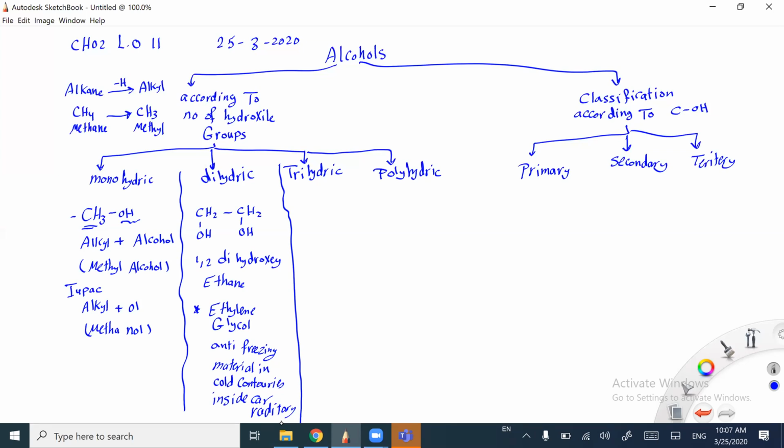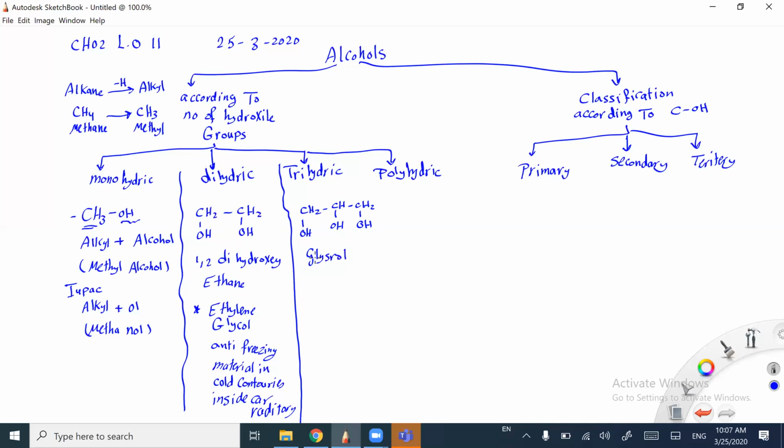One of the compounds used in cosmetics is from the trihydric alcohols, which contain 3 hydroxyl groups: CH2OH, CH2OH. This is ethylene glycol, but if we add another CHOH, it will be glycerol.